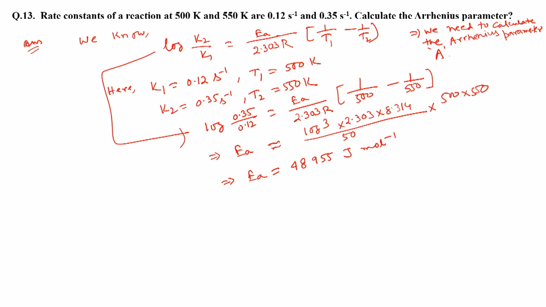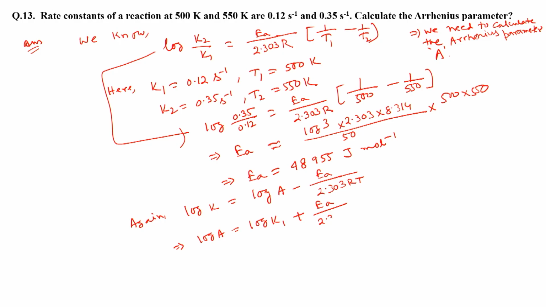Again we know log K is log A minus EA by 2.303 RT. So, we write log A is log K1 plus EA by 2.303 R T1.